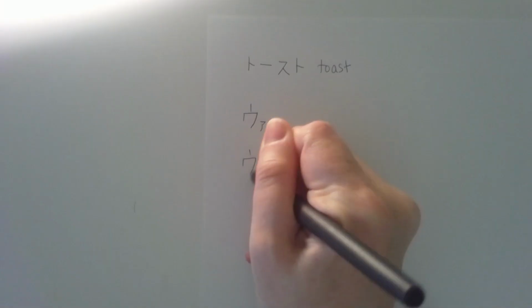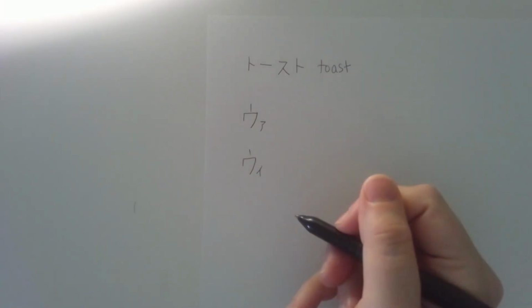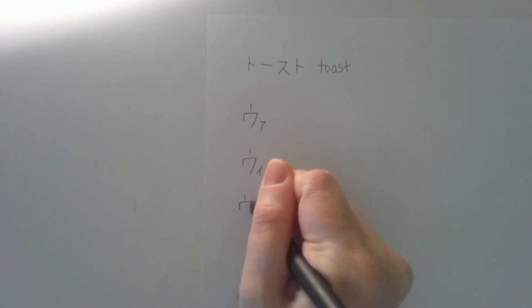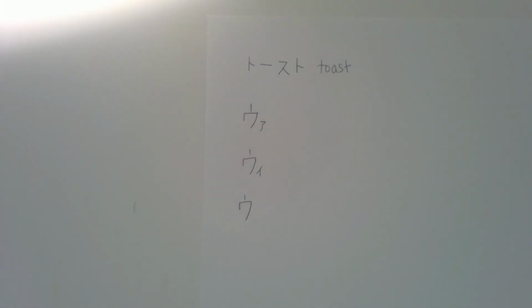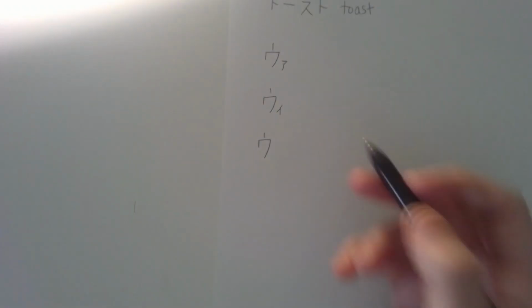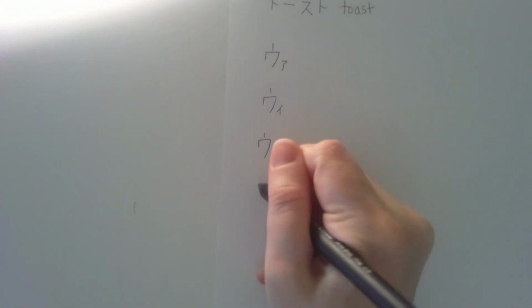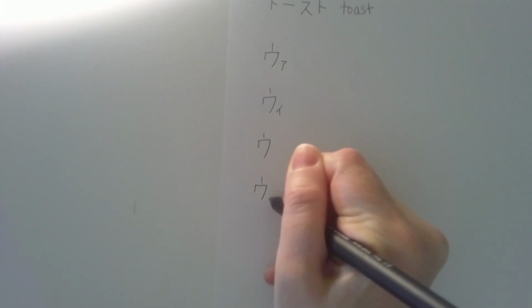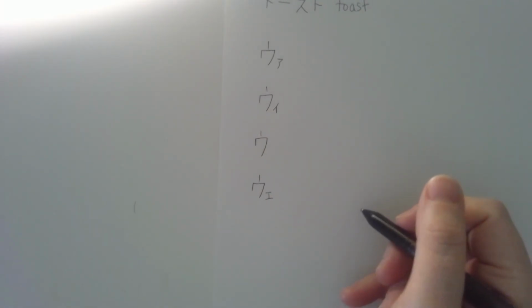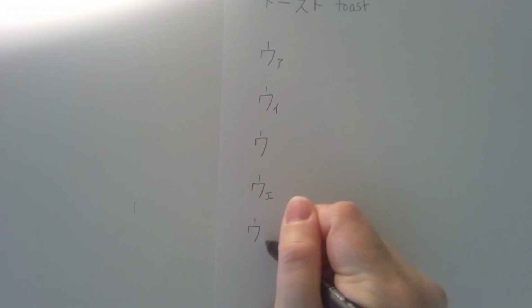Now let's just do all of them. Small i, u, and then e, and o.